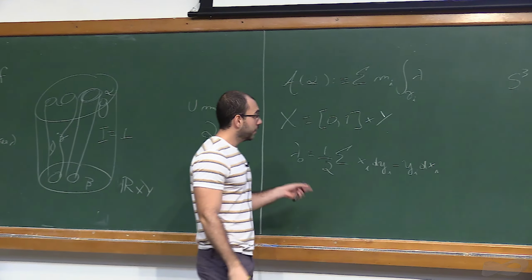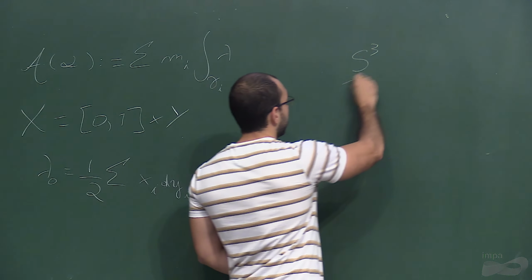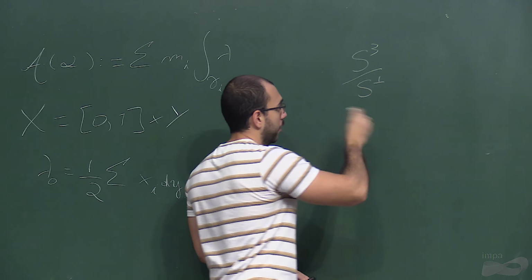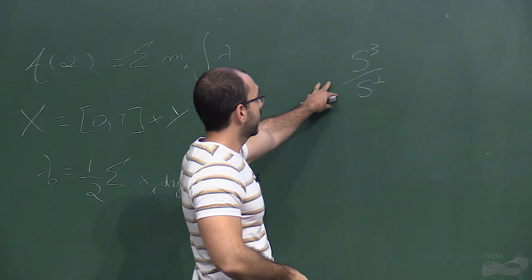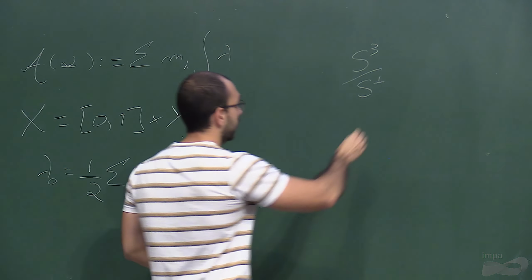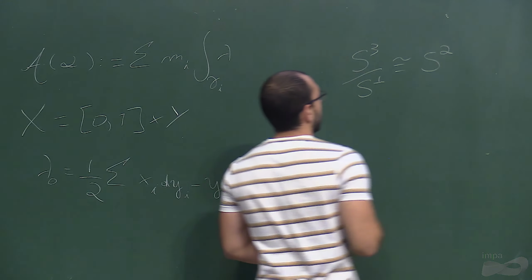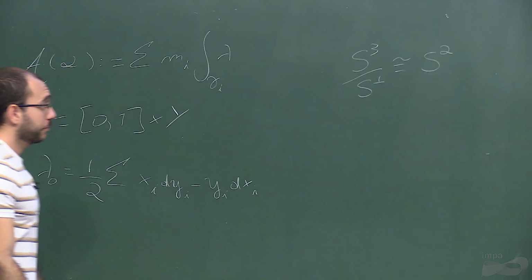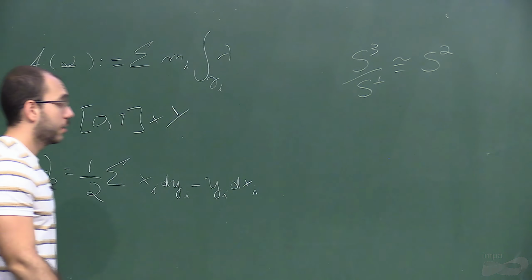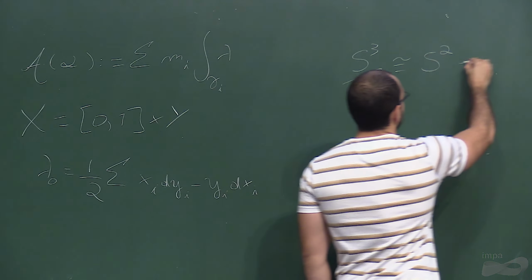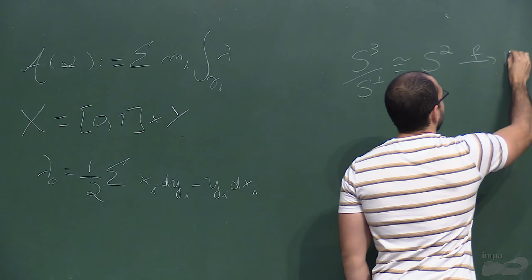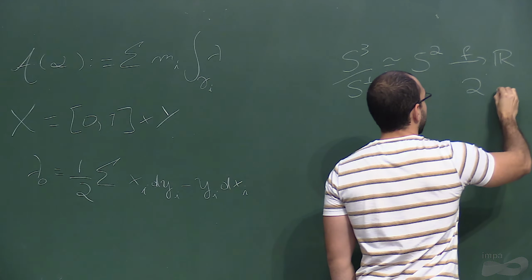But for this type of flow, you have the S^1 action given by the Reeb flow, and the quotient is a smooth manifold. And in this case, this is just the 2-dimensional sphere, because this is just the Hopf fibration. And then you can consider a Morse function here with just 2 critical points.